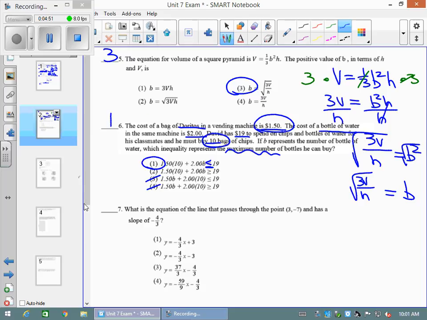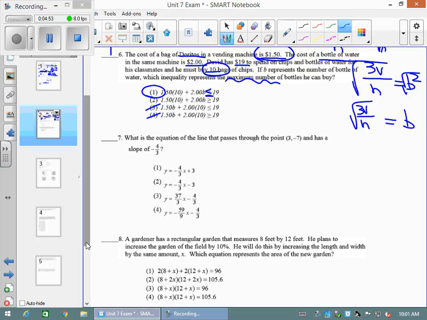Taking a look at question 7, what's the equation that passes through this point with a slope of negative 4/3? So if I'm talking about a line, I know I'm talking about y equals mx plus b. Here I need to find the slope and I need to find the y-intercept. So they tell me the slope, but I'm not sure what the y-intercept is. So I need to solve for the y-intercept.